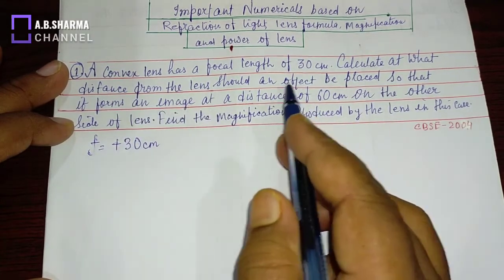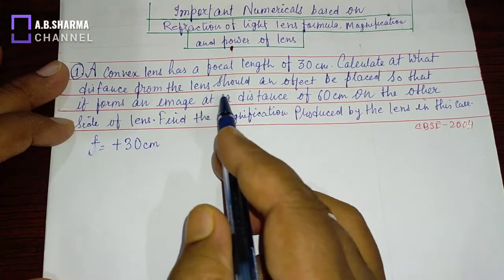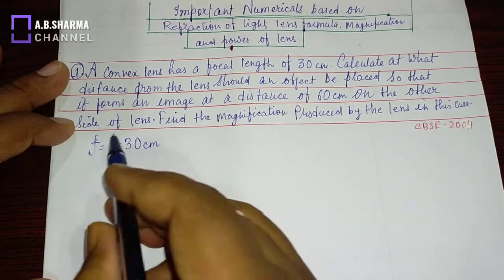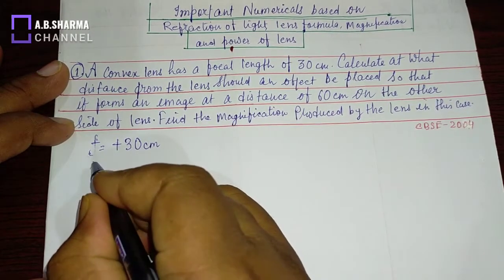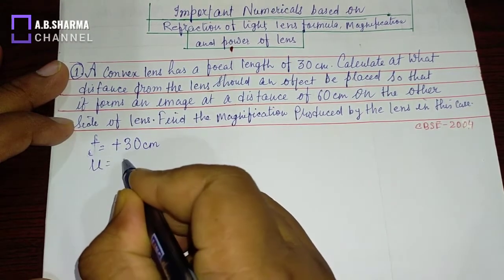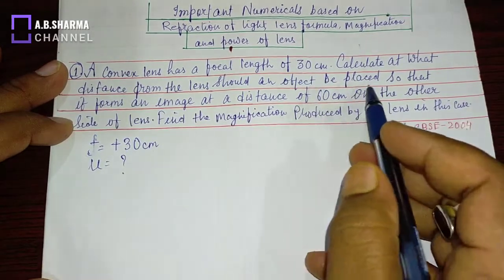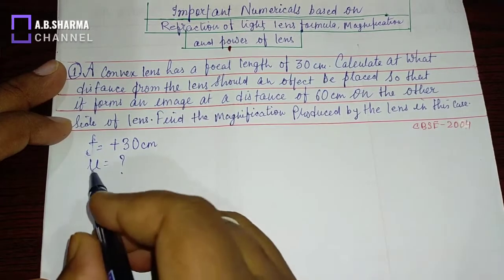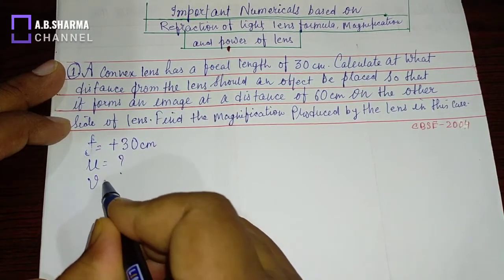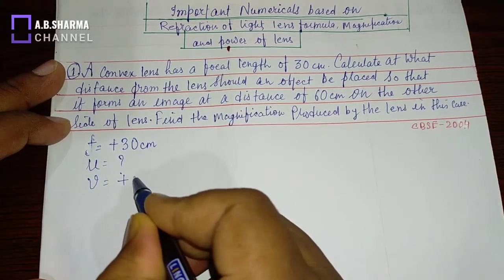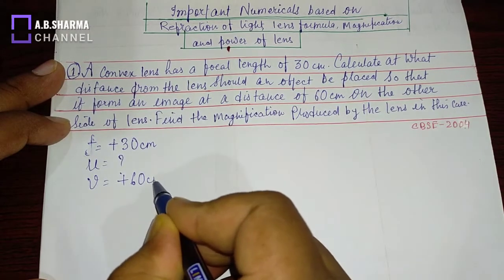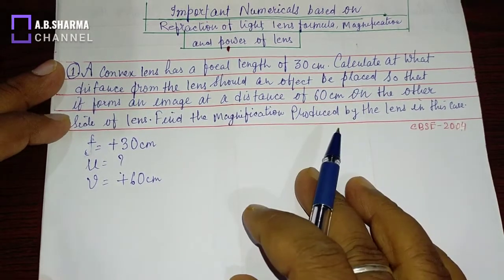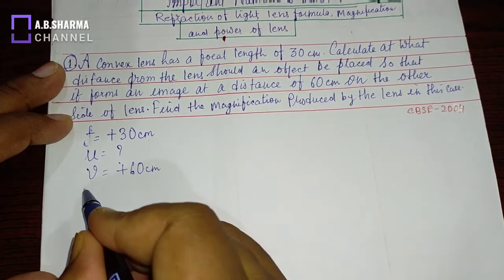Calculate at what distance from the lens should an object be placed, means u is not given. u equals to what? So that it forms an image at a distance of 60 centimeter. v is given, v is positive 60 centimeter. We have to calculate u and m.